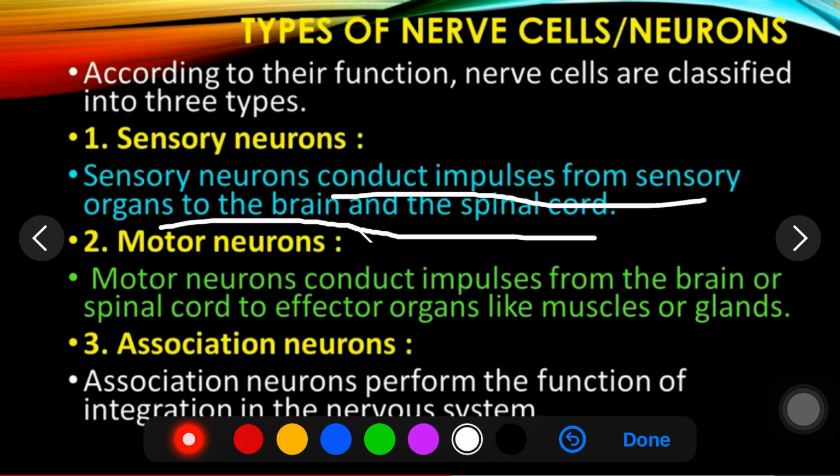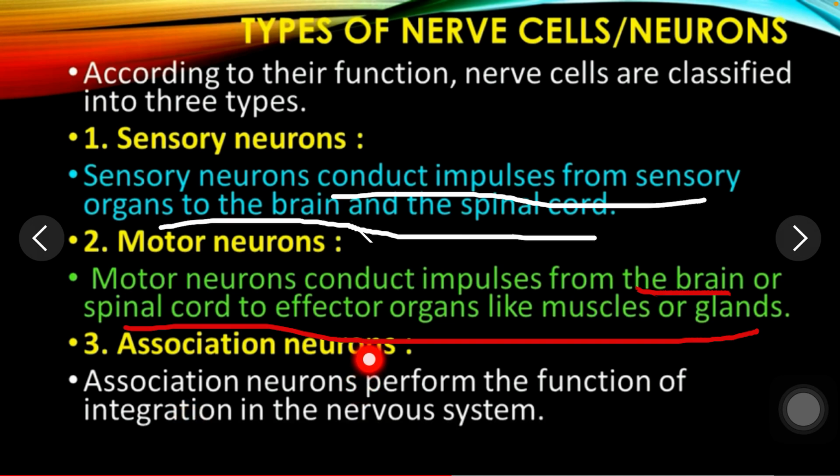Next is motor neuron. Motor neurons are those which conduct messages from the brain or spinal cord to effector organs like muscles or glands. For example, you get a burn, okay? Immediately you take your hand or finger away from that.